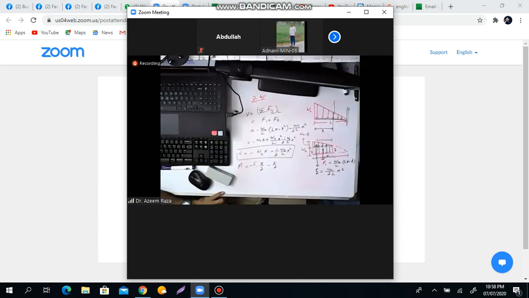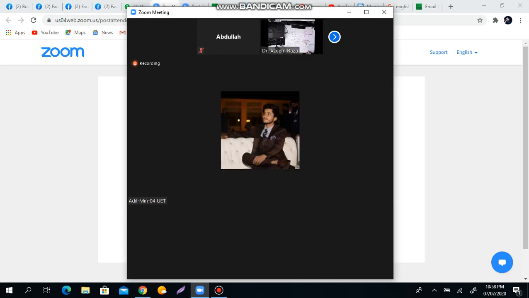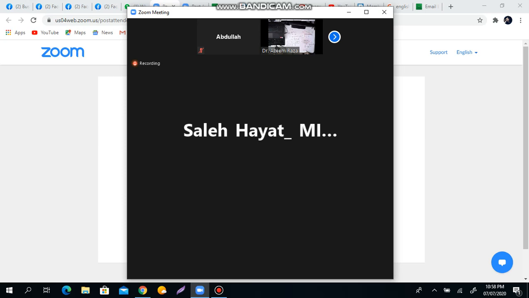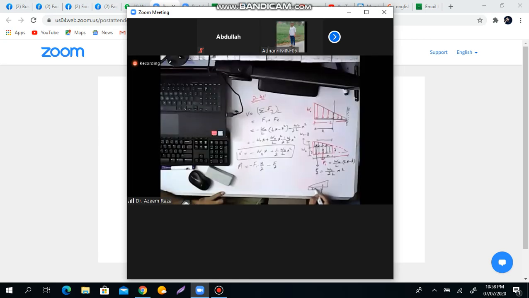No, so it's not 1/3 x. We said that triangle, 2x by 3. Yeah, so this distance is 2/3 and this distance is 1/3. So looking at this, it is 2/3 distance. So x over 2 over 3x.